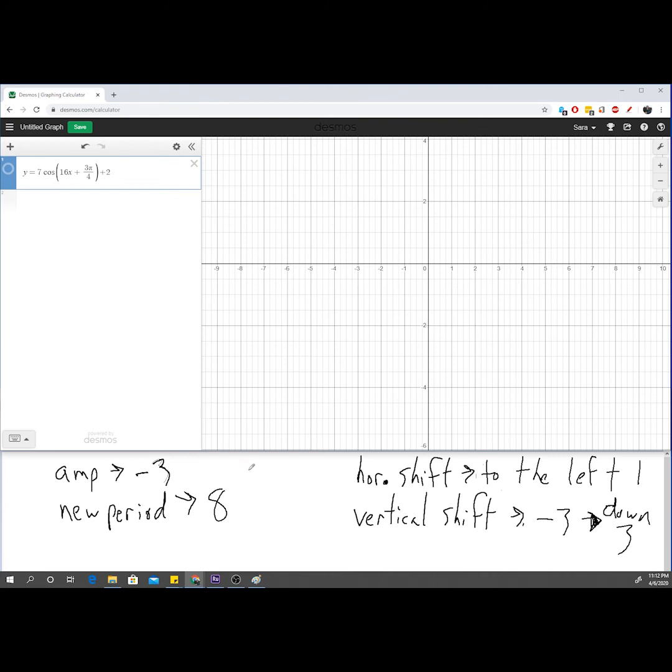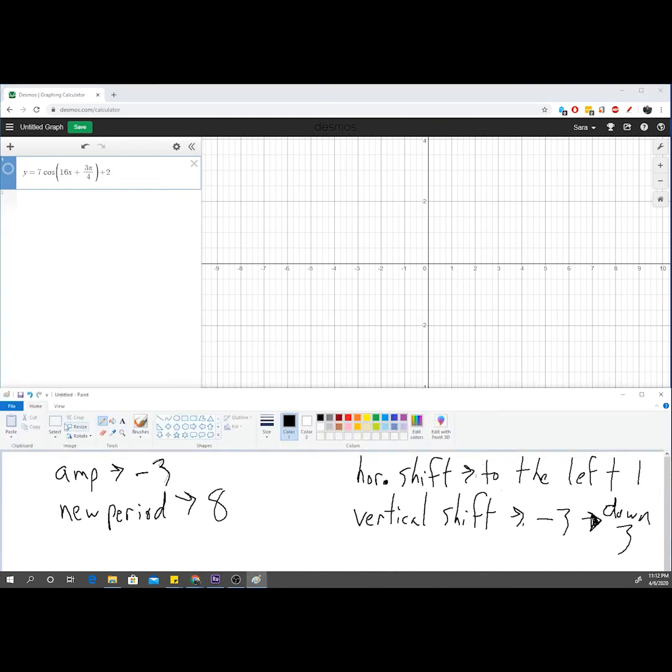Let's get rid of these. Get ready for our new problem. Should have done it this way last time. Okay, so from our problem, we can see just straight up that our amplitude is the number that's out in front of the function.